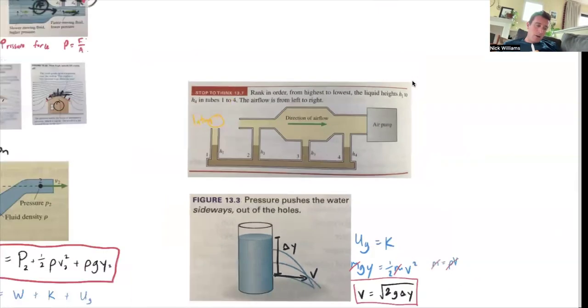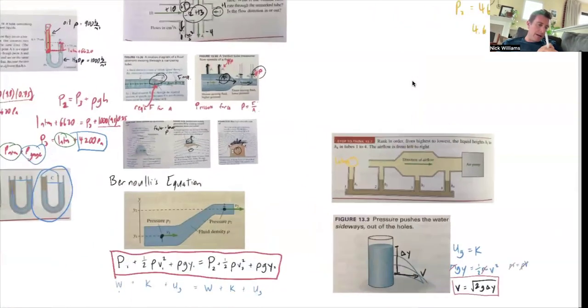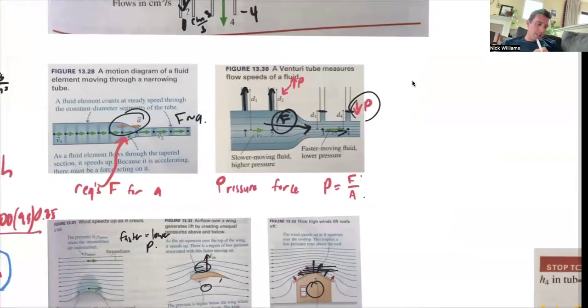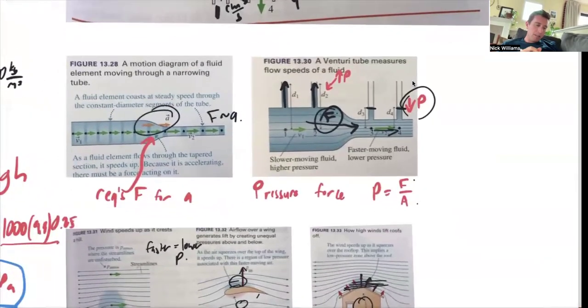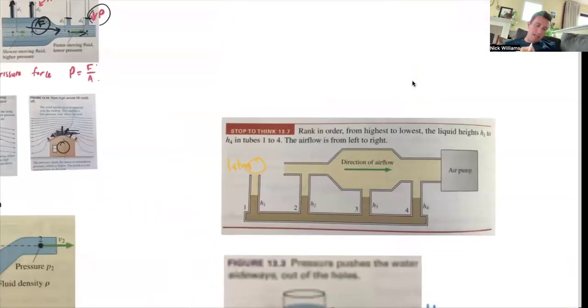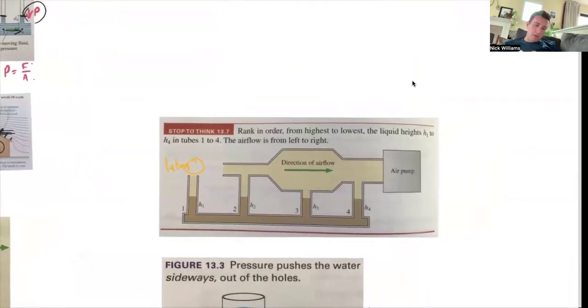Then I know, based off of these diagrams, that the wider it is, the greater the pressure, because it requires the air to accelerate. So looking at my diagram, I'm going from here to here.